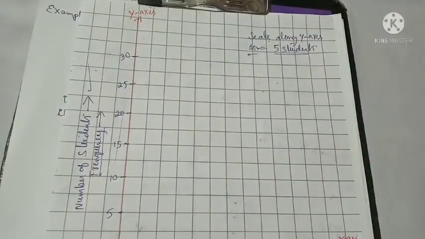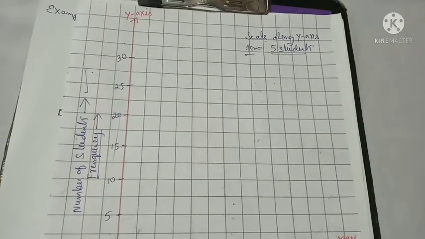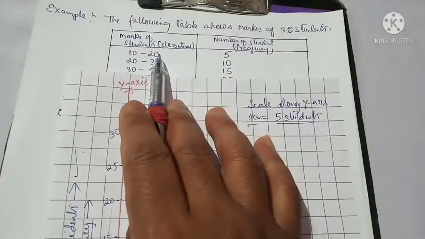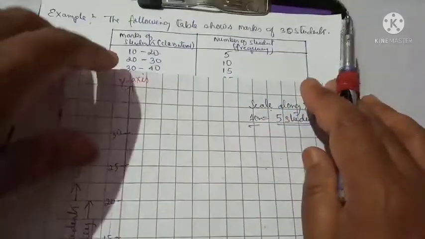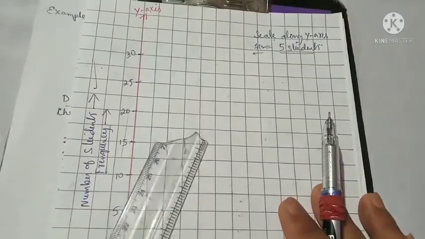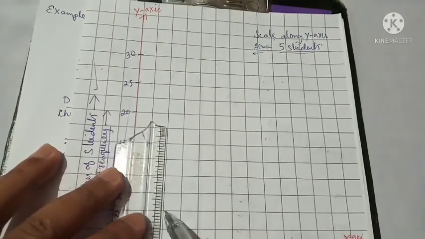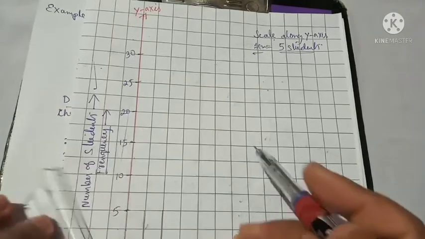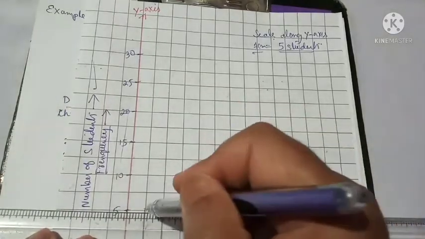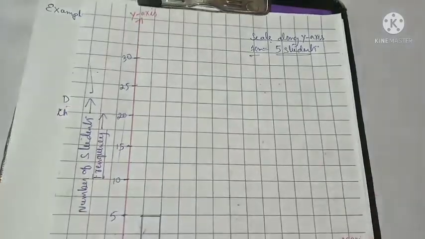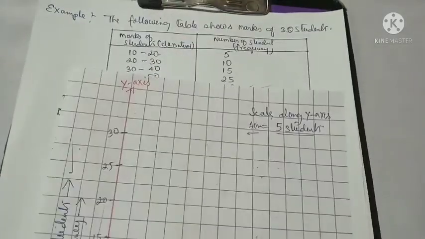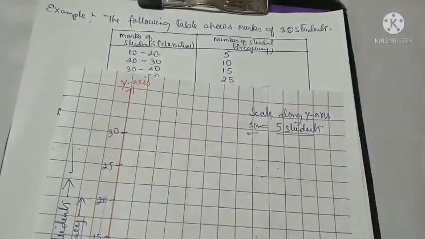Now first we have to draw 10 to 20. How many students got marks between 10 and 20? 5 students, so we draw up to 5 here. The next one is 20 to 30, which is up to 10.